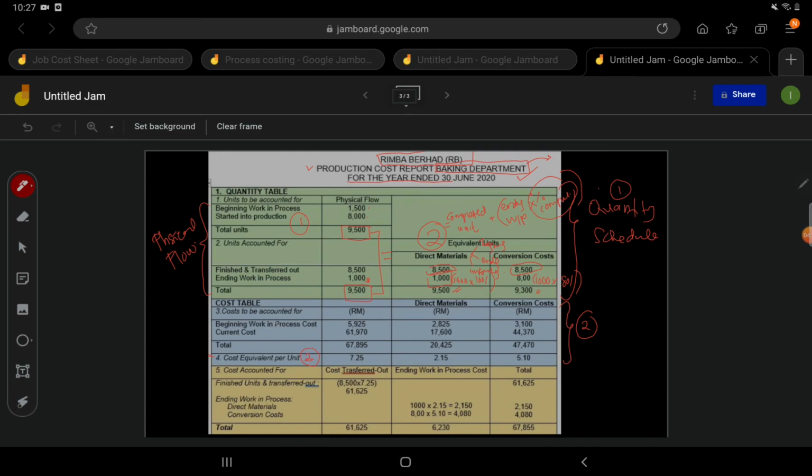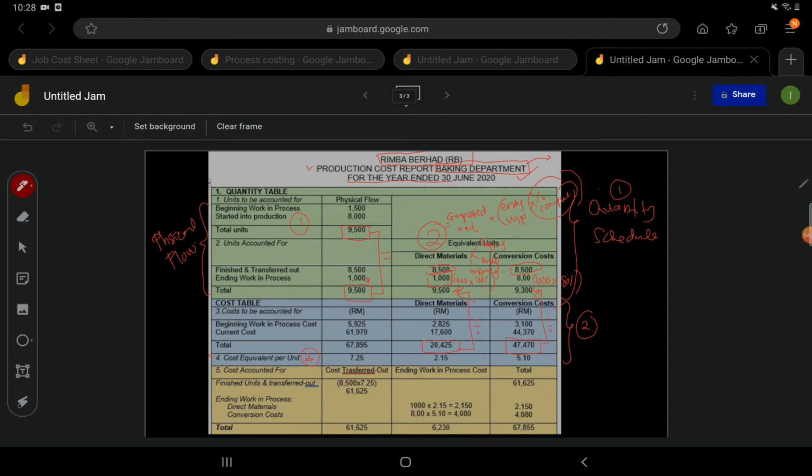Divide by equivalent unit for direct material and conversion cost. Okay, the total cost divided by the total equivalent unit.